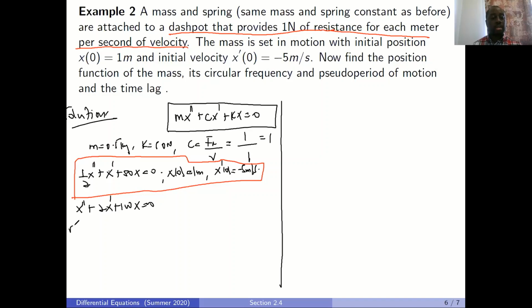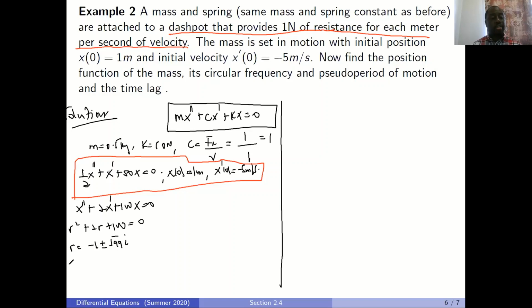Our characteristic equation is r squared plus 2r plus 100 equals 0. If we use the quadratic formula, we get complex roots: negative 1 plus or minus the square root of 99 i.